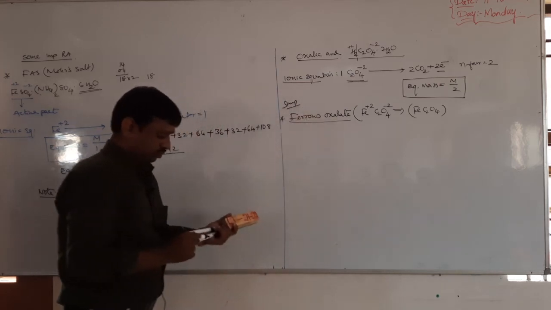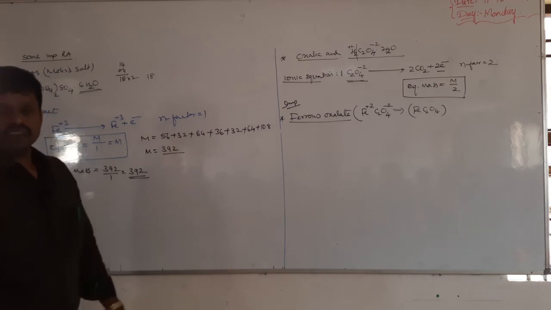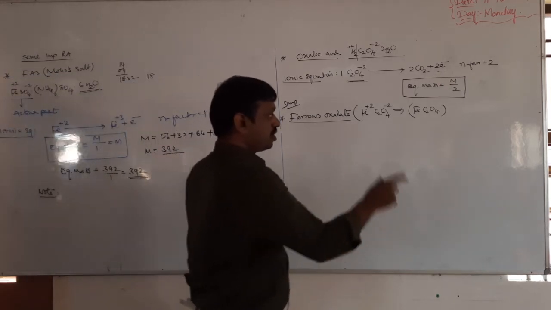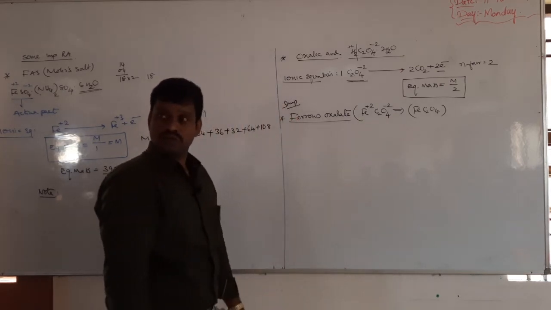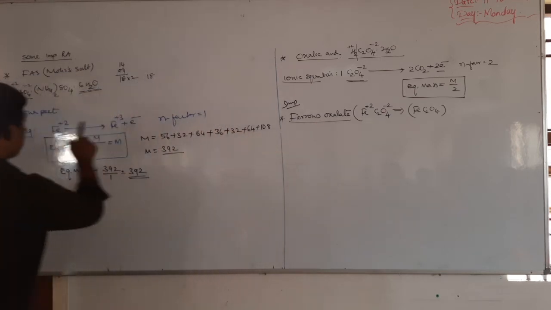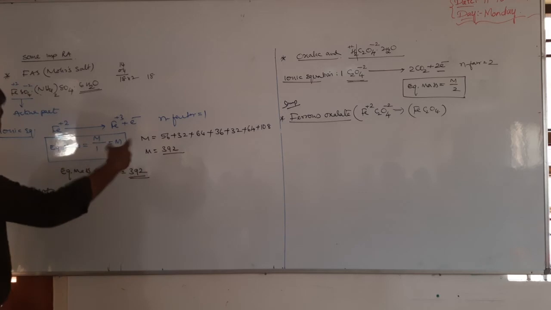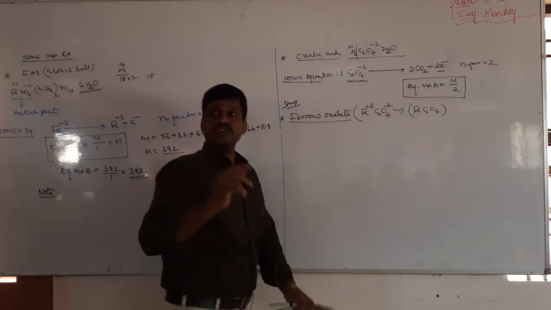Important. So write the ionic equation of ferrous oxalate. Now tell me, in ferrous oxalate, which is the active part? Ferrous or oxalate or both? Both. Because you see, ferrous converts into ferric. That is a reducing agent. And oxalate converts into carbon dioxide. That is also a reducing agent.